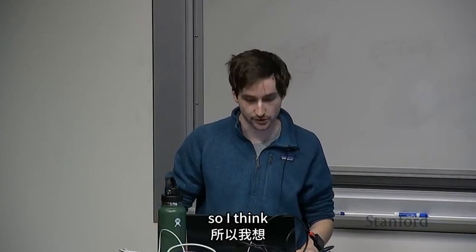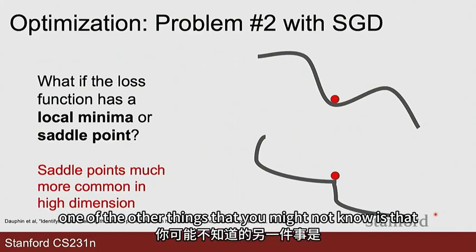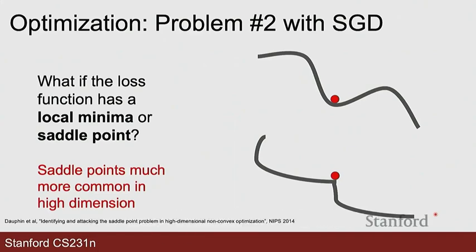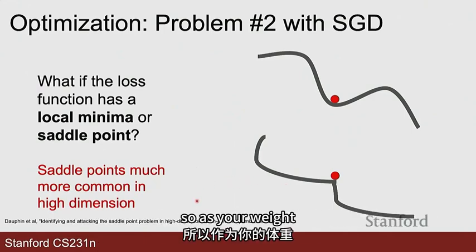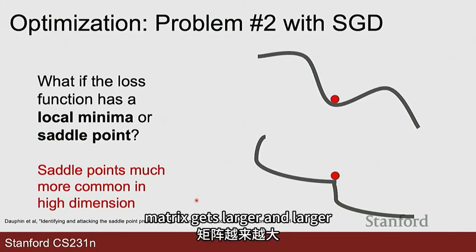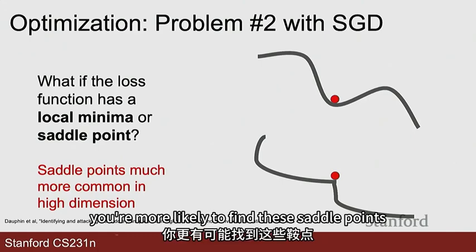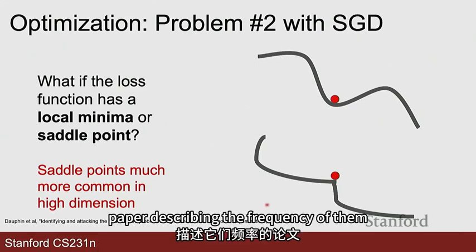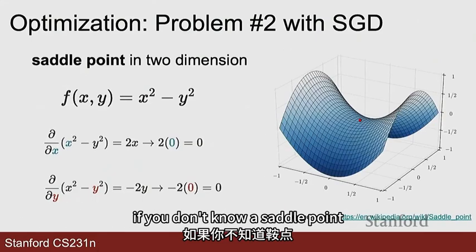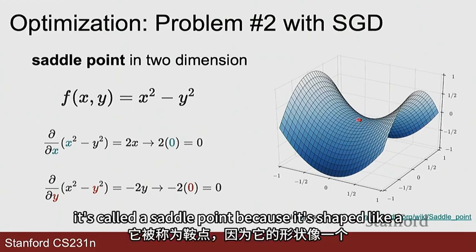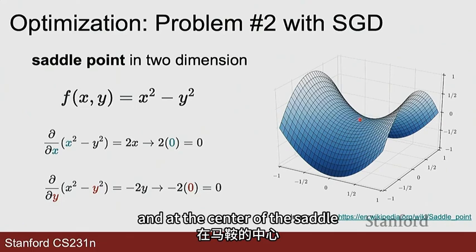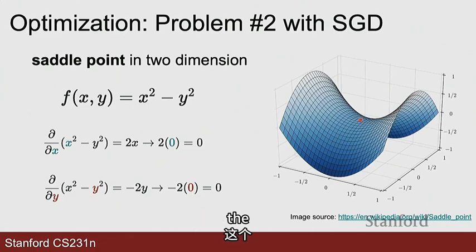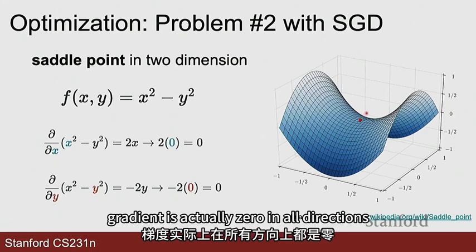Okay. I think one of the other things that you might not know is that empirically, saddle points are actually much more common as you move to higher dimensional models. So as your weight matrix gets larger and larger, you're more likely to find these saddle points. And there's this paper describing the frequency of them. If you don't know a saddle point, it's called a saddle point because it's shaped like a saddle, like on a horse. And at the center of this saddle, the gradient is actually 0 in all directions.